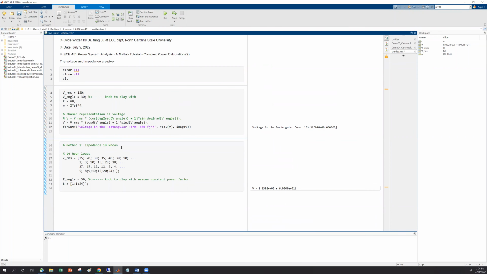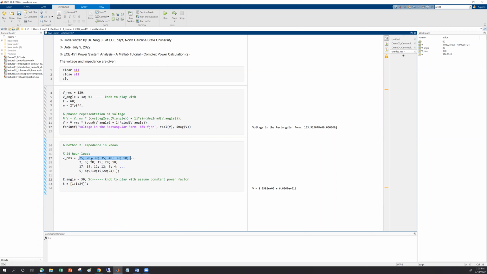So this time I gave you the impedance. Instead of giving you only one value, I gave you 24-hour values. This is because usually we compute the current change for the house over a 24-hour period, so this would be a vector that has 24 values in it.